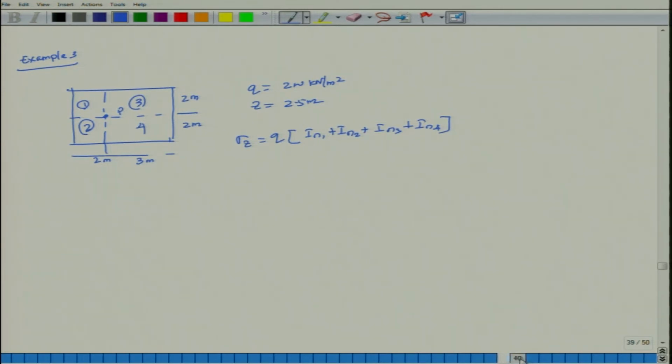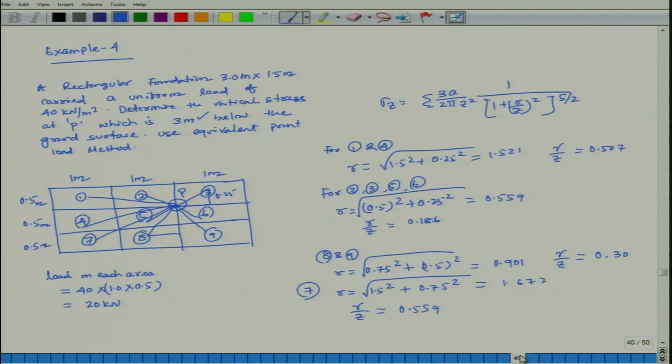But here it has been asked by means of equivalent point load, so you have to think how you are going to divide into an equal number of small areas. So, 3 meter is equally divided into 1 meter, 1 meter, 1 meter, and 1.5 meter is equally divided into 0.5 meter, 0.5 meter and 0.5 meter. So, load on each area will be 40 into 1.0 into 0.5, which comes out to be 20 kilonewton.